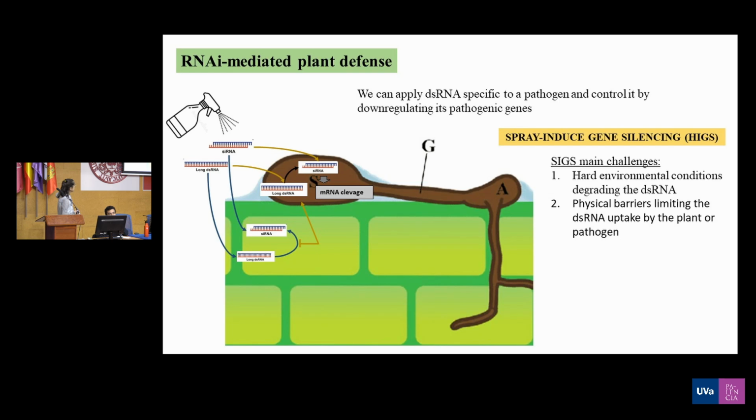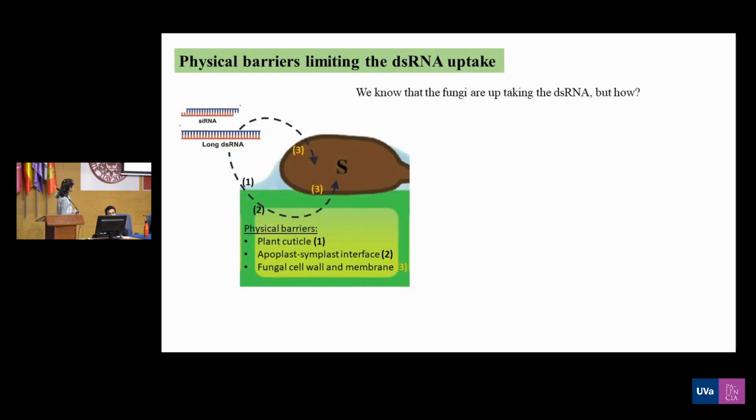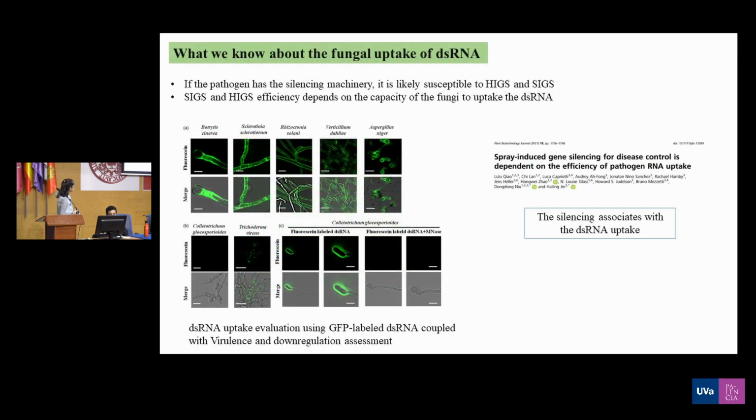These molecules need to pass through a lot of barriers to get to the fungi. For example, they need to go through the plant cuticle, the plant cell wall and membrane, and also the fungal cell wall. We don't know how this is happening, but we have some knowledge about it, and I'm going to quickly tell you what we know.